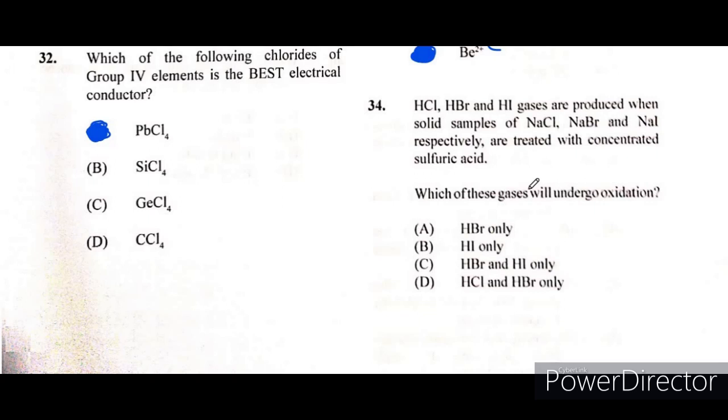Alright, first of all, this is like a general thing: sulfuric acid is not a good enough oxidizer to oxidize the fluorine and chlorine hydrides.